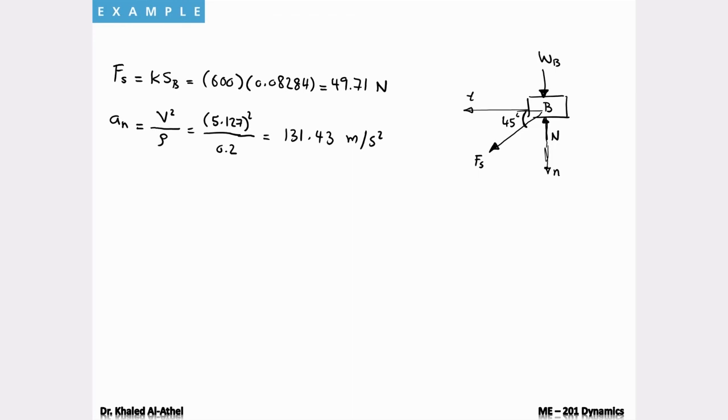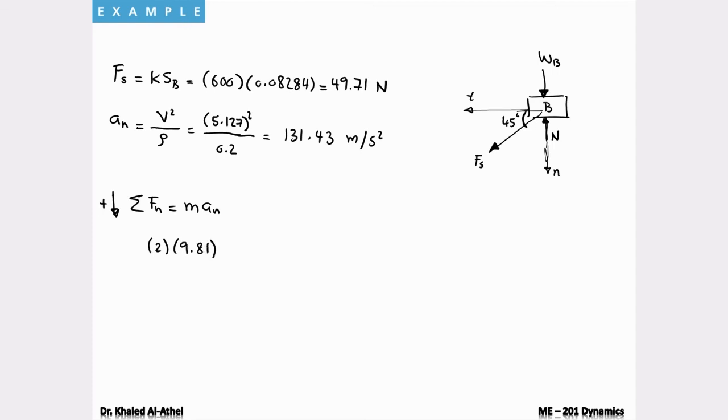Now what's left is to do summation of forces in the normal direction. I'm going to take downward as positive in the direction of the normal. So summation of forces in N should equal to M AN. I'm going to have the weight of B, which is the mass, 2, multiplied by gravity, 9.81. What else?